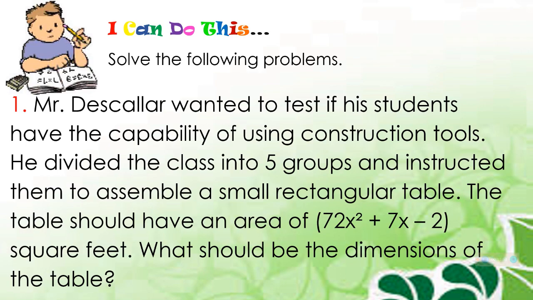Mr. Descaliar wanted to test if his students have the capability of using construction tools. He divided the class into 5 groups and instructed them to assemble a small rectangular table. The table should have an area of 72x squared plus 7x minus 2 square feet. What should be the dimensions of the table?